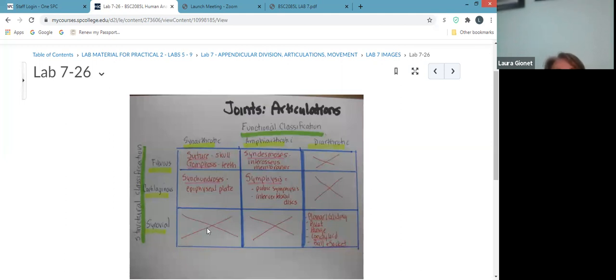And then lastly, all synovial joints are diarthrotic. I'm not going to ask you, I might ask you something really easy like ball and socket joint maybe, or a hinge joint, something, but I even doubt that. There might be one or two.